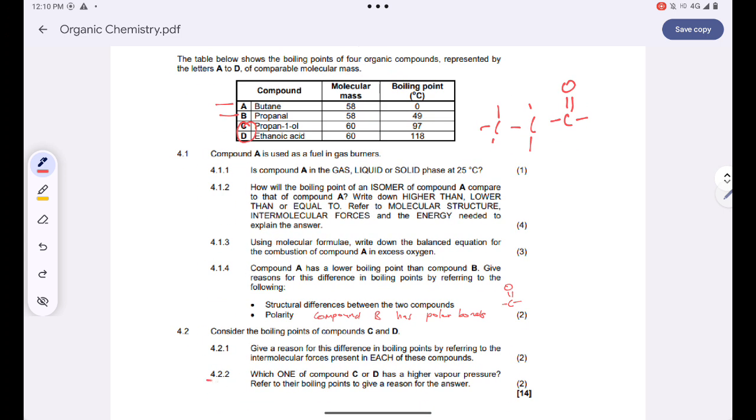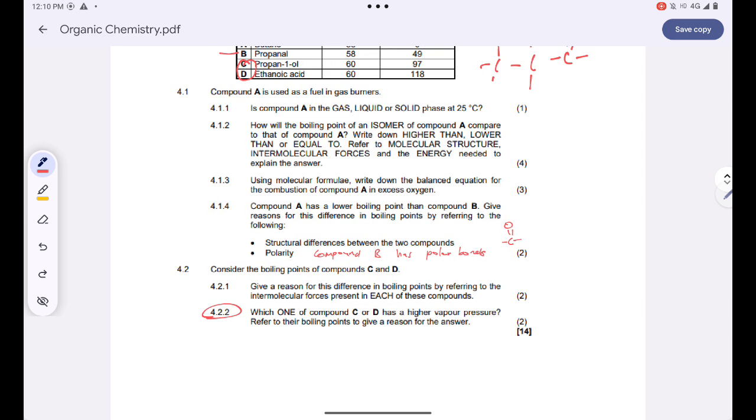All right, together. Now let's go to 4.2.2. Write which one of compound C or D has a higher vapor pressure. The one that has a higher vapor pressure is the one that has a lower boiling point.